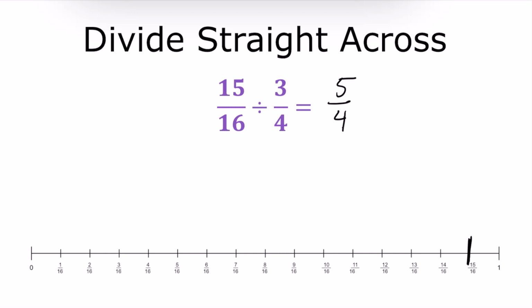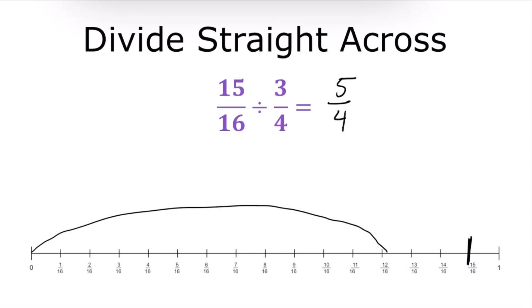And if we want to divide it into groups of 3/4, well, we have enough to make one full group of 3/4 because 3/4 would be equal to 12/16. And so this distance right here would be one full group of 3/4. But we don't have enough to get up to two groups of 3/4 because we would have to have 24/16, but we only have 15/16.